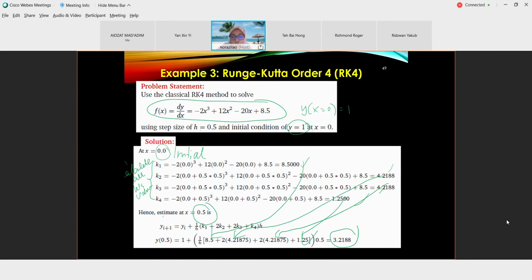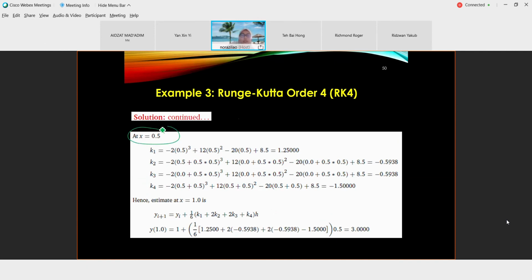So you must repeat this process by using x equal to 1. When x is equal to 0.5, it has its own k values.